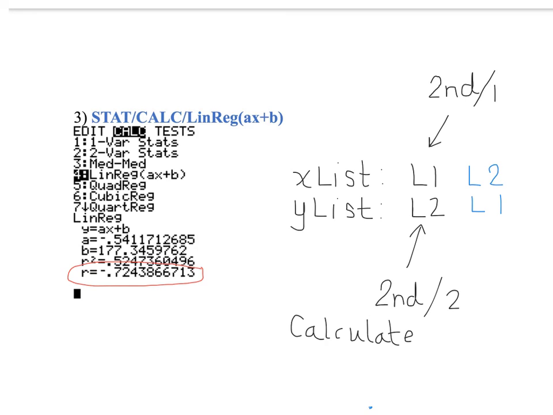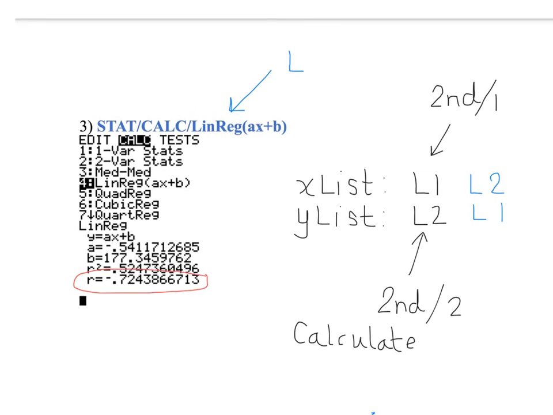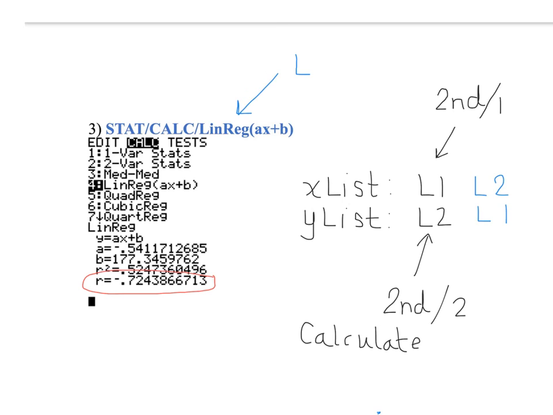So what we do here is when we go to stat calculate, we have to say X's are in list 2, and then comma, which is right above the 7 key, Y's are in list 1. And then we'll hit enter, and we'll find, regardless of which operating system we have, regardless of if X is L1 and Y is L2 or the reverse, the correlation is still going to be negative 0.724-ish.